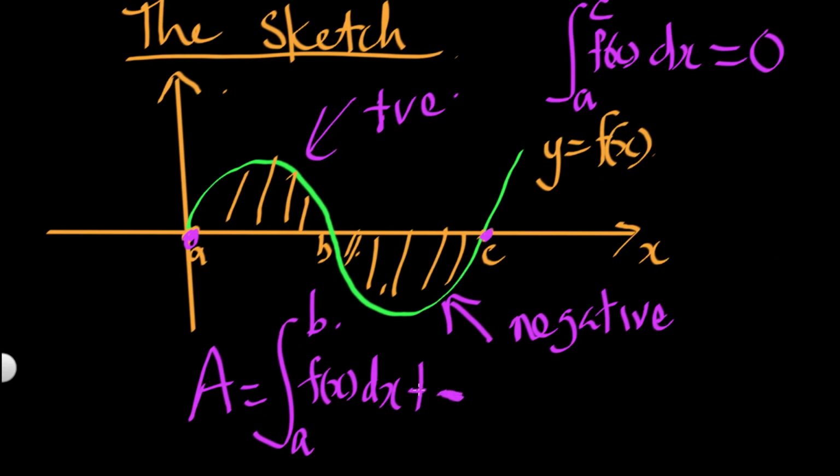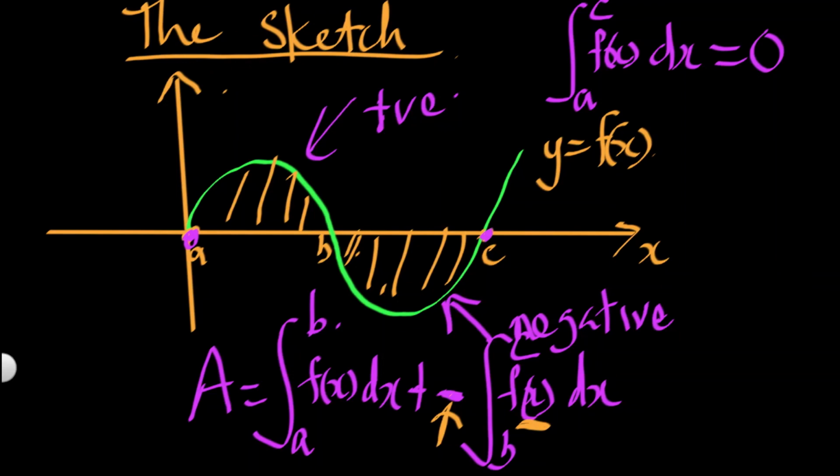I'm putting this minus before the integral from B to C of f of x dx because I know what I get here should be negative. So I'm multiplying it by negative already so that we can have addition. Or you can just do the integration separately and add the areas, ignoring the negative signs.